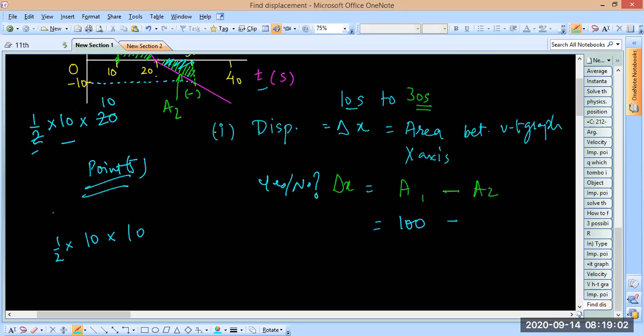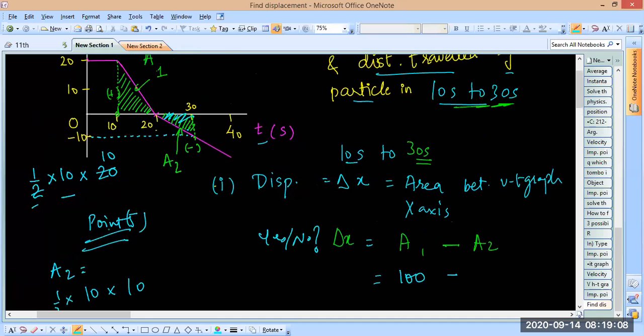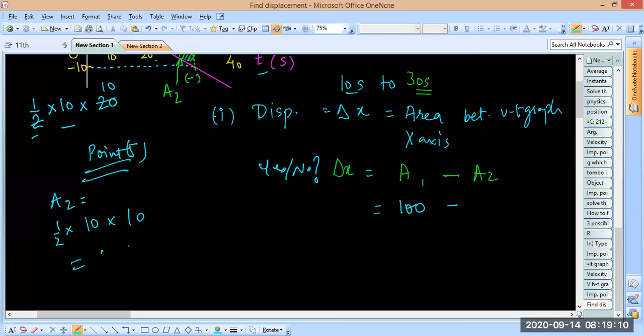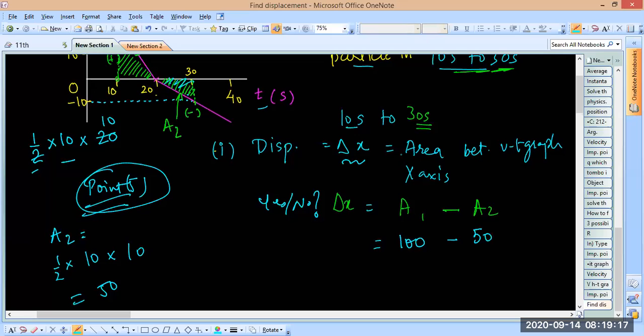Area A2 itself is 50. But we are going to subtract it. Why are we going to subtract it? Point number 5, read about displacement.